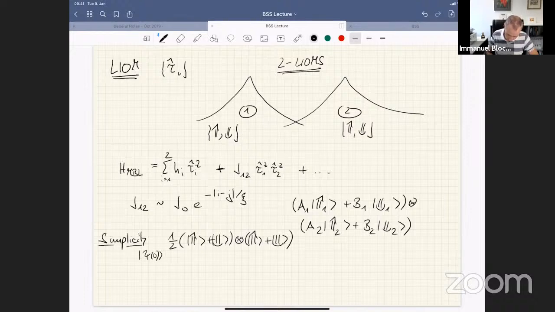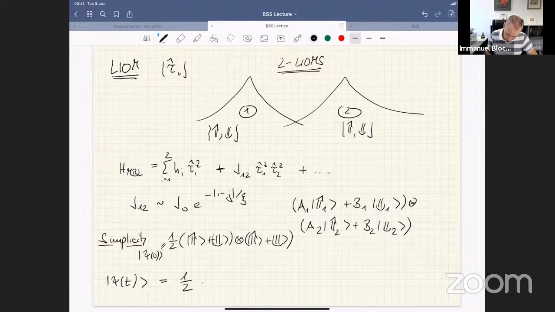And now we evolve it according to the effective Hamiltonian, the psi of t that we have here. We can immediately see that the up-up and down-down spin configurations are going to have a different time evolution than the up-down spin configurations.